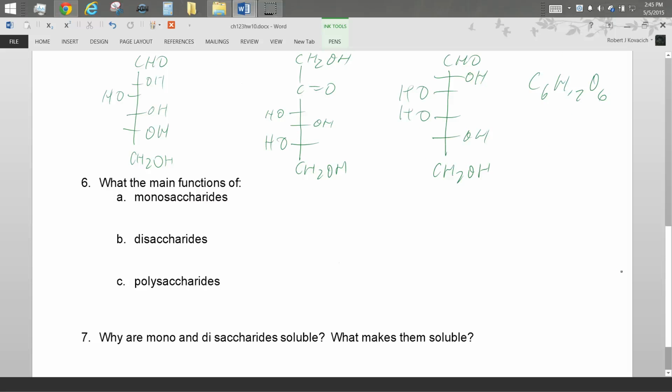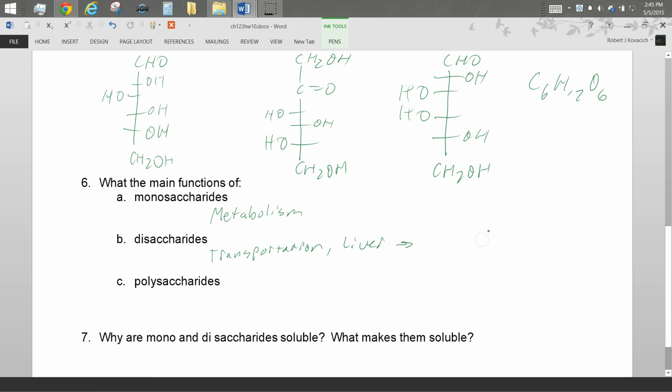Monosaccharide, what's the main function? Basic unit of metabolism. The disaccharides? Basically transportation from the liver to muscle.